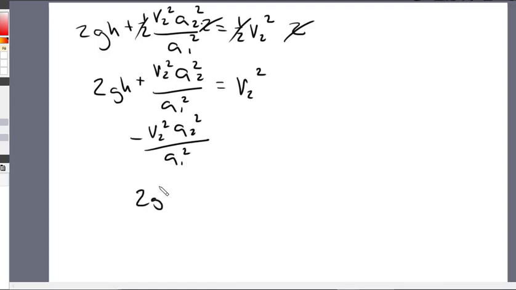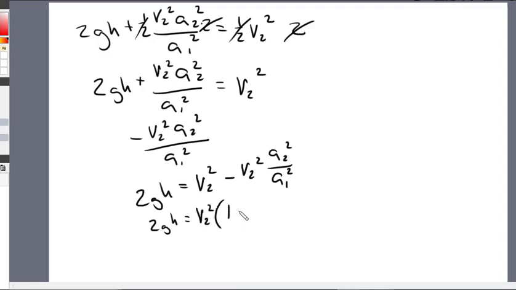So 2GH is equal to V2 squared minus V2 squared times A2 squared over A1 squared. Now we're going to factor out the V2. 2GH is equal to V2 squared times 1 minus A2 squared over A1 squared.